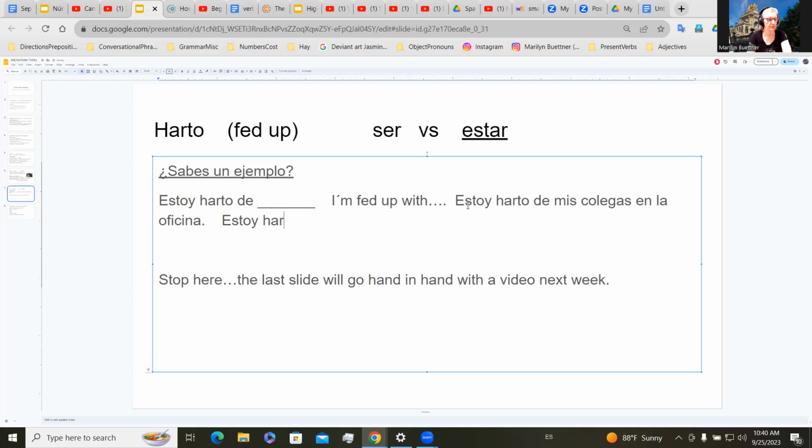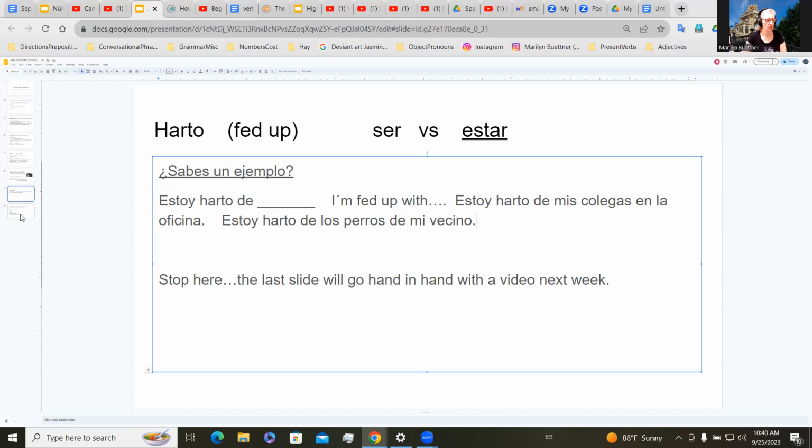Estoy harto de los perros de mi vecino. If you've got a neighbor who's got a lot of barking dogs, estoy harto de los perros de mi vecino. See? That is really the more common verb that you'll hear with harto.